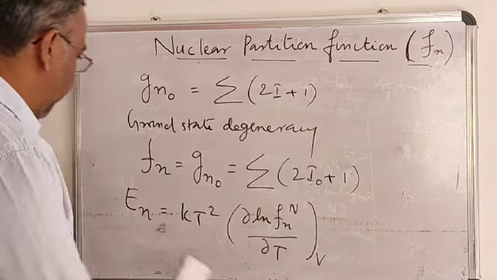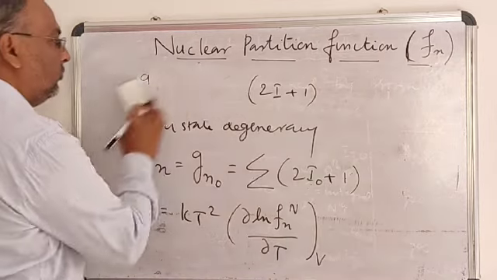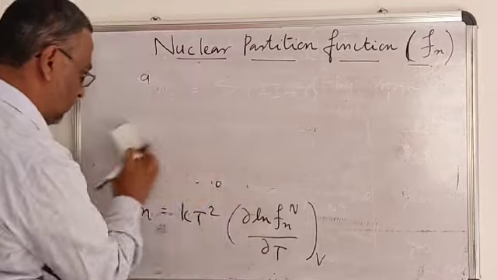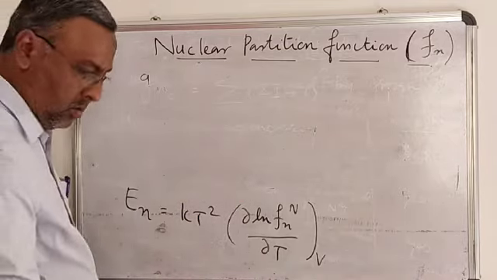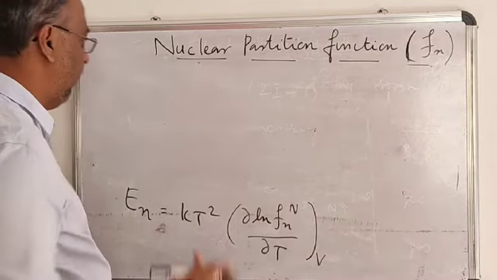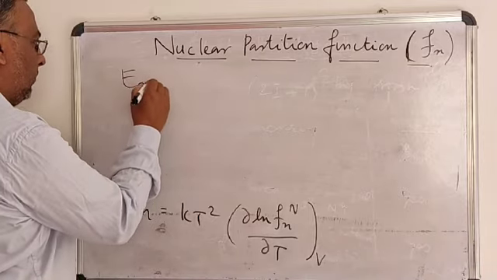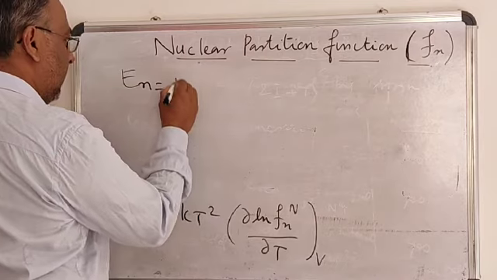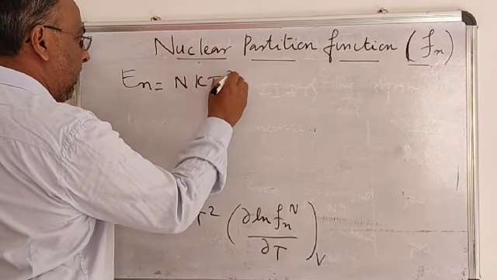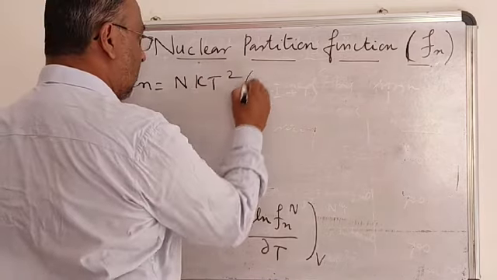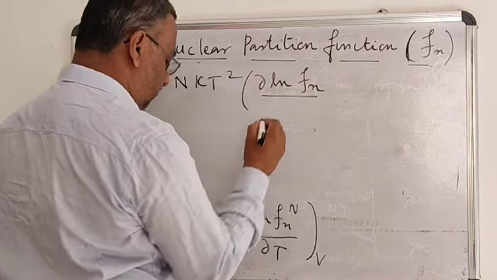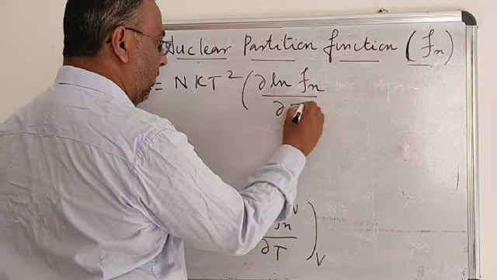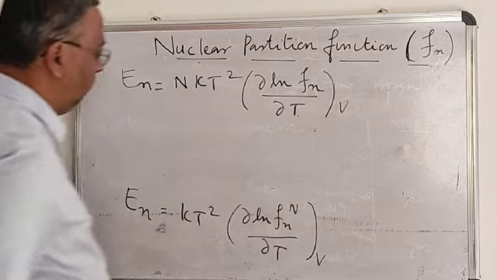Then I can write this equation as, the energy due to nucleons can be written as N kT square dou ln of the partition function divided by dou T at constant volume.